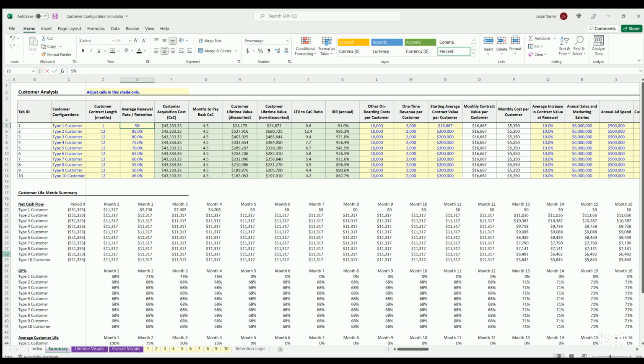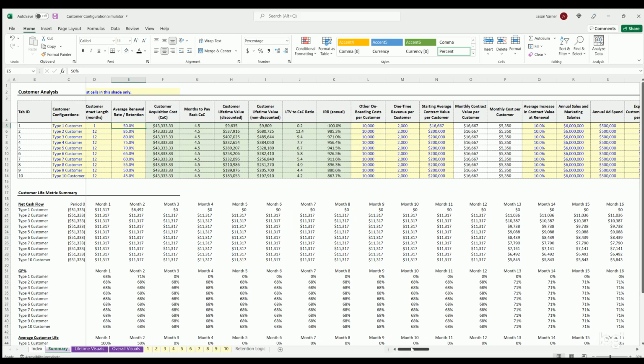Or if it was 50%, you're saying essentially you've only got 2 periods with them, and then they're going to be gone. So you just take the average value of the contract and at each renewal against whatever the retention is. There's advanced increase in contract value theories here.